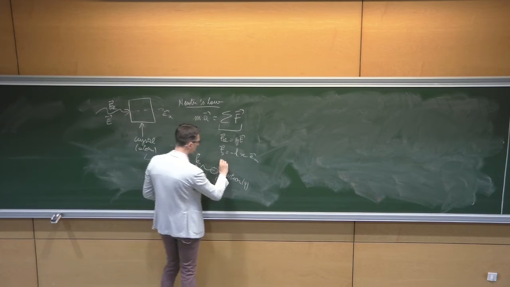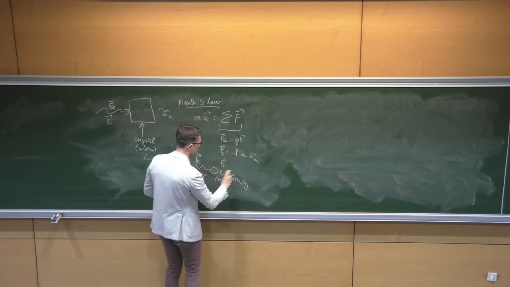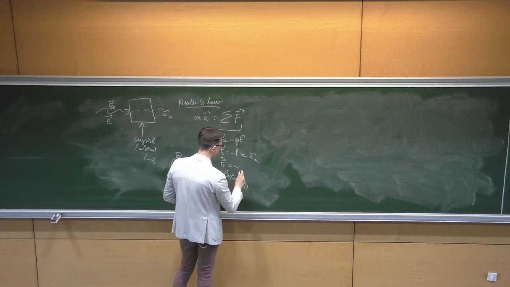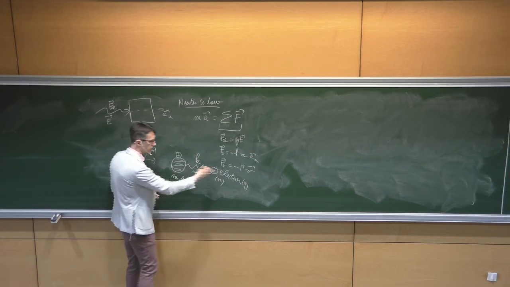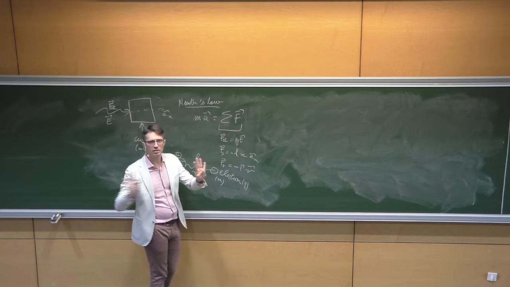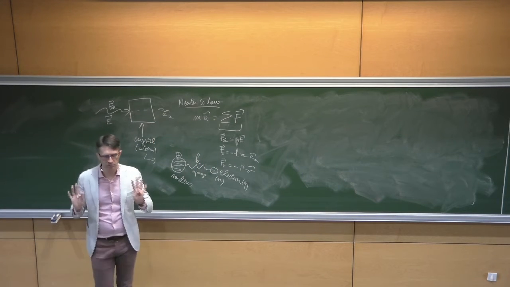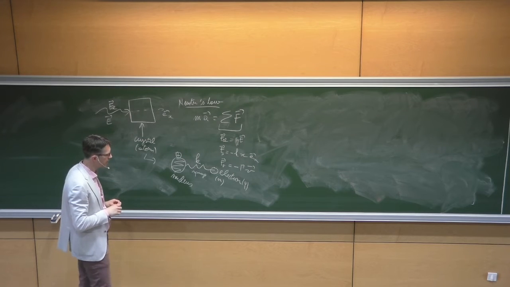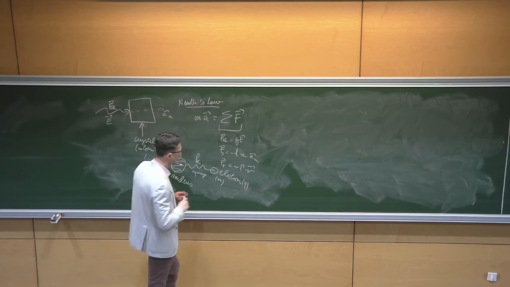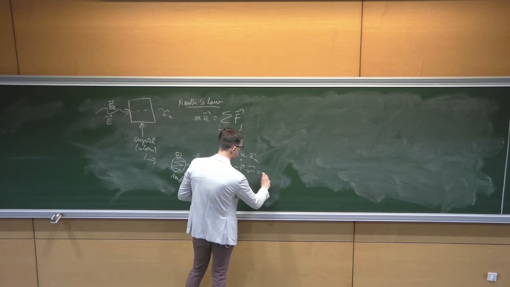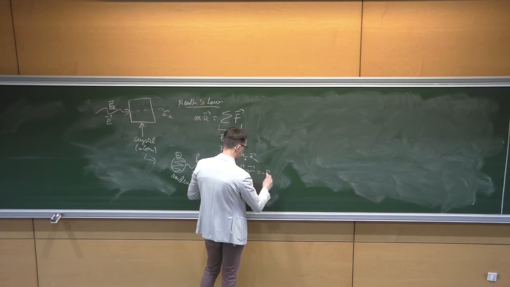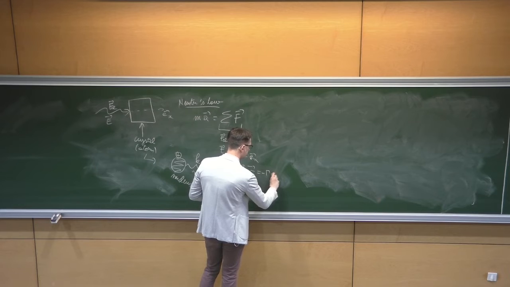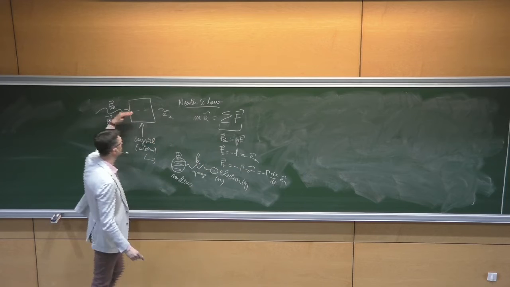I can model that by a friction force, something like minus gamma v, where v is the speed of the electron. This is standard classical mechanics, nothing very fancy about it. This is the viscous constant, gamma, and v would be dx over dt, again along x in this particular case.